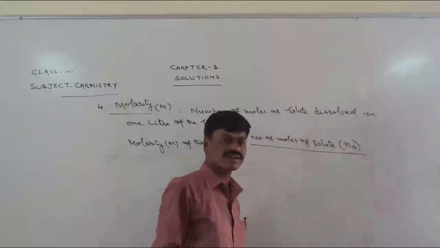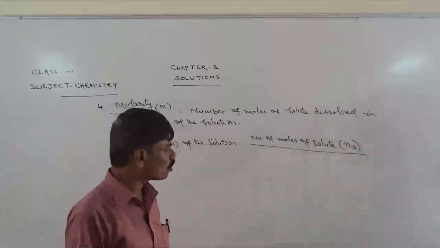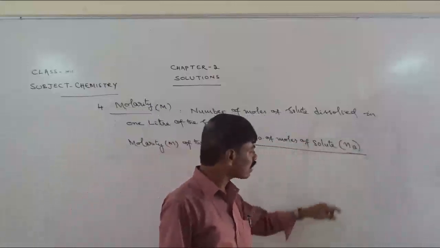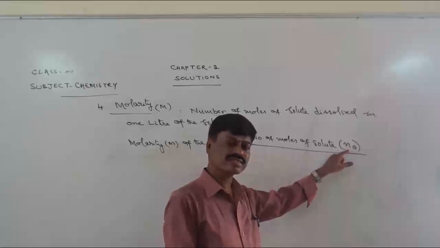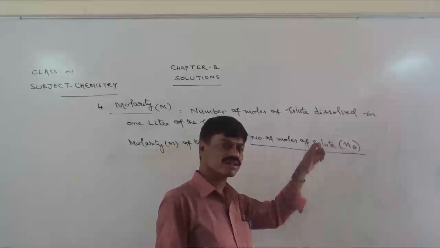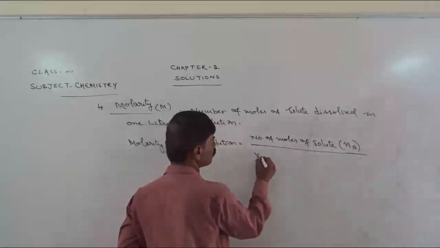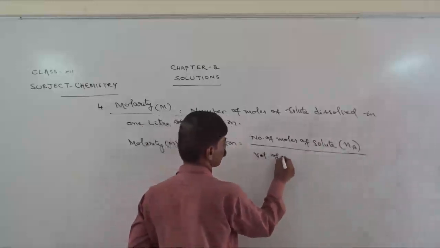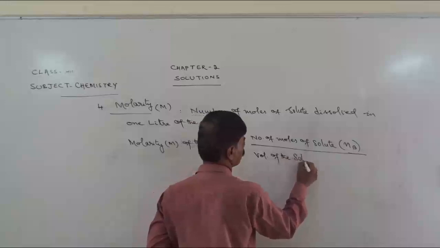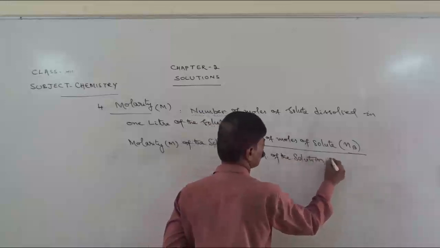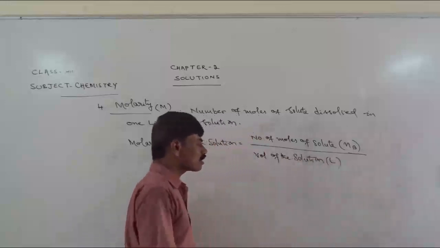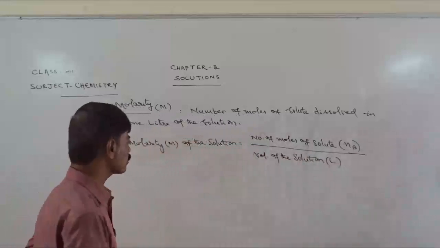Once again, small n stands for mole. Mole means quantity. B stands for solute. A stands for the number of moles of solvent. There A stands for solvent. This is divided by the volume of the solution. Here this can be taken in terms of liters or milliliters.